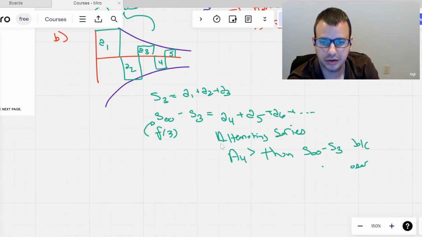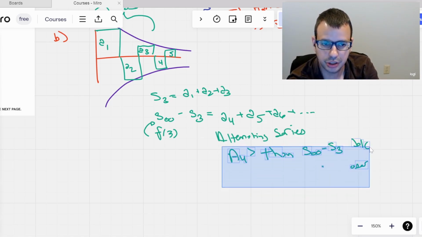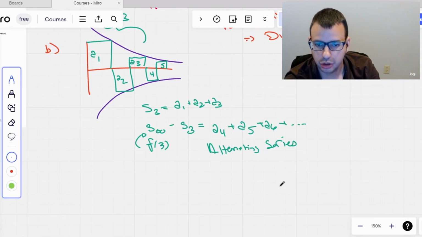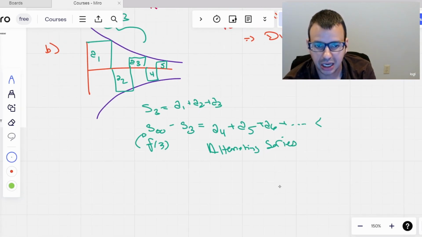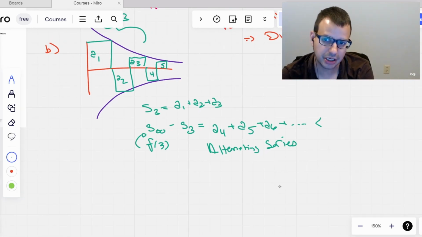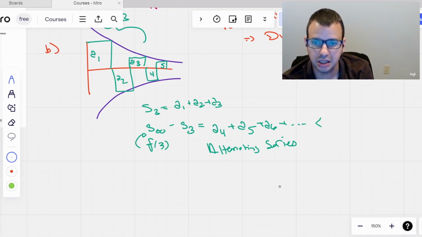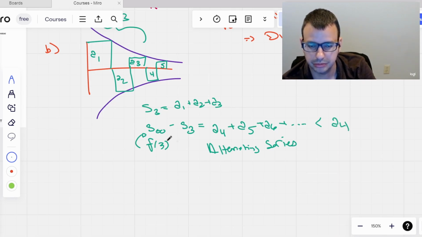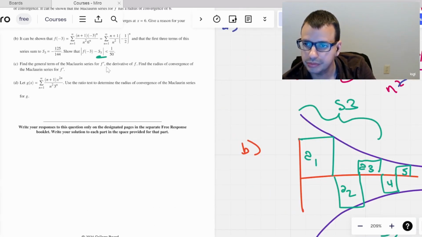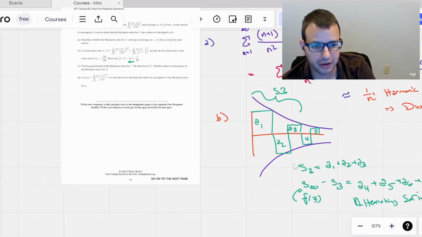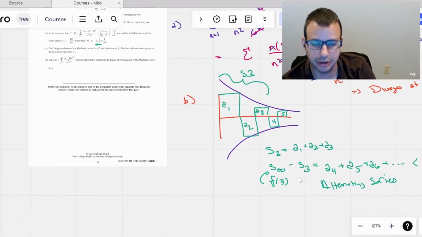And I hope I'm going to write that up here, which is because each term gets smaller, each box in this gets smaller. So I'm going to say that this is then going to be less than A4. Yes, I don't have a good way of explaining it. Basically, each box gets smaller.